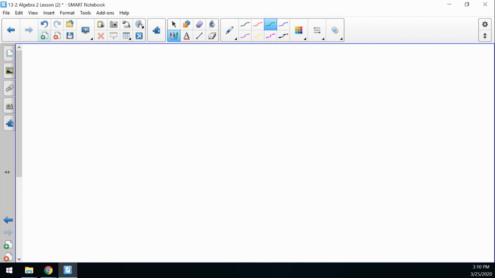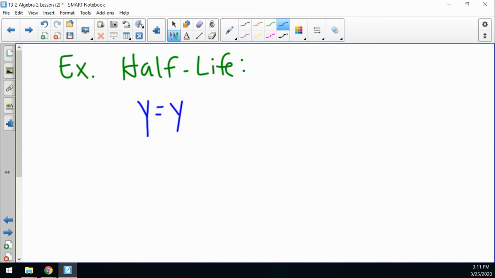So we're going to look at an example, the half-life problem. It says, find the half-life of a radioactive substance with the equation y equals y0 e to the negative kt power, and show that half-life depends only on k.